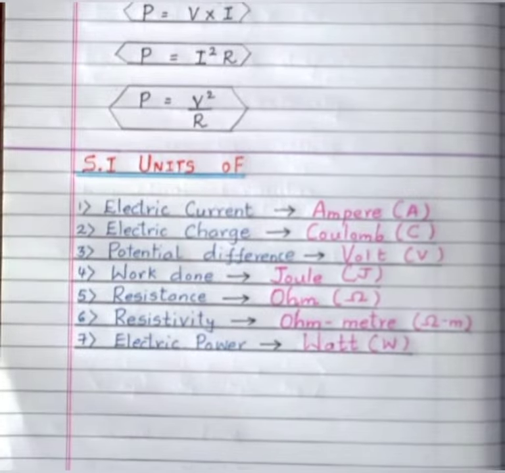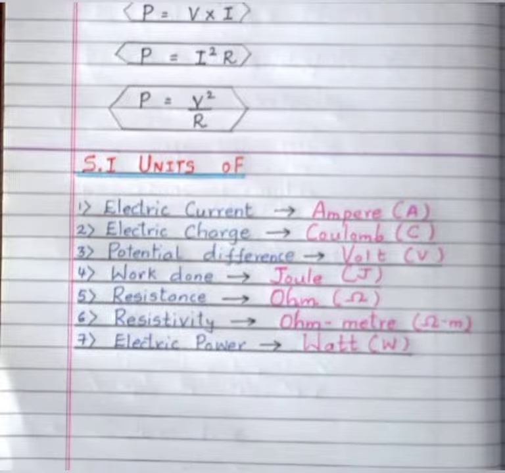Learn this. This can be asked for 1 mark in MCQ or in short answer questions. Make a note of all these SI units so that it is easy to remember when you are solving numericals.